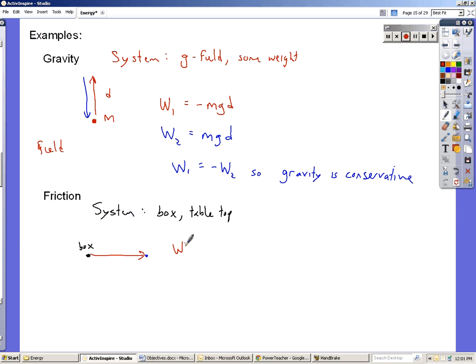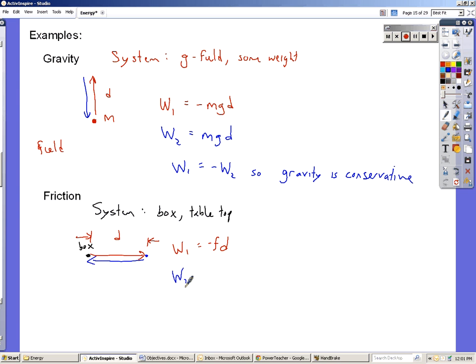So W1 is equal to the force of friction times the displacement d, and it's negative because the force of friction is going to oppose the sliding of the box. Then we're going to move the box back to where it started.